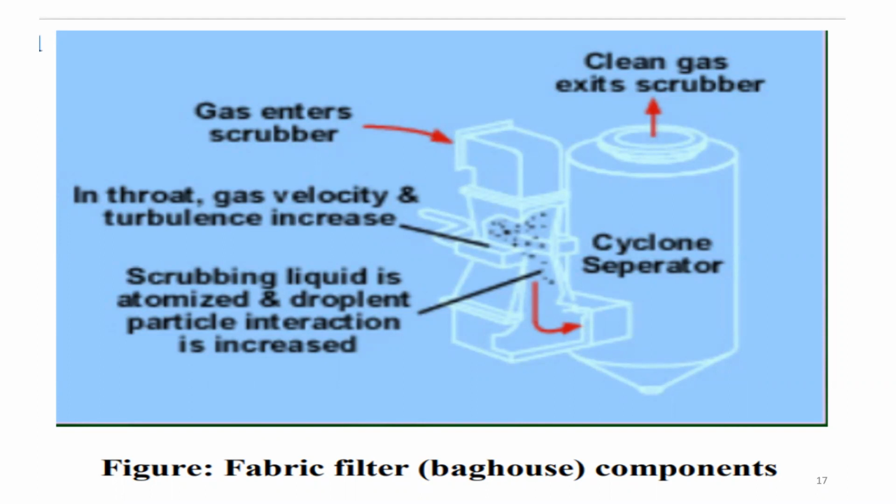As the velocity and turbulence are more, obviously the heavy particles are thrown against the wall of the throat and separated out easily. Again, the remaining clean gas is separated out through the cyclone separator. So this is the fabric filter mechanism.